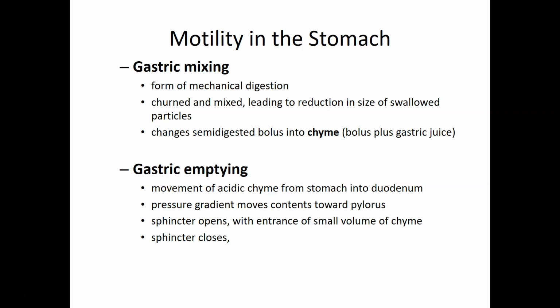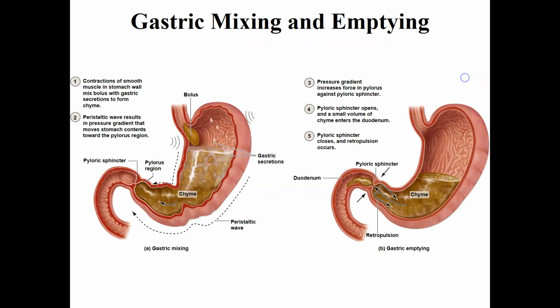Peristaltic contractions push chyme toward the pylorus, and the pylorus is narrow, so that builds pressure at the pyloric sphincter, and that allows it to open and a small amount of the chyme to move on to the small intestine. And that's illustrated in this slide.